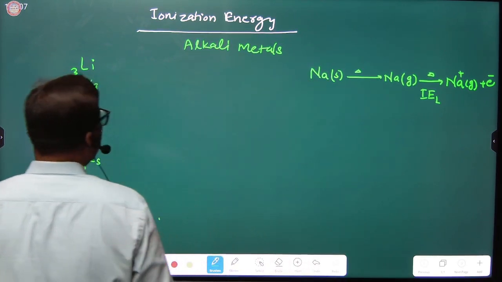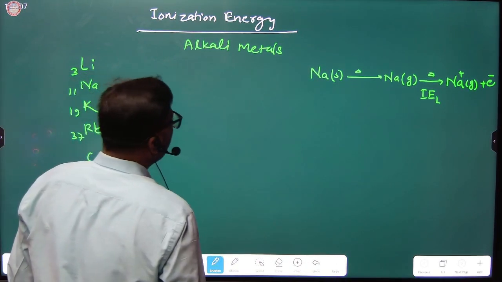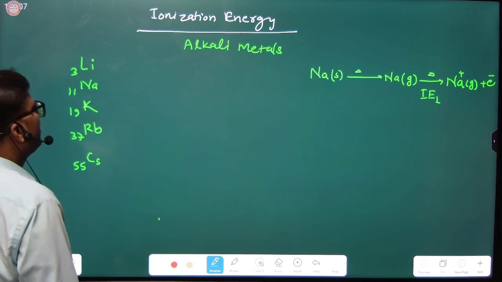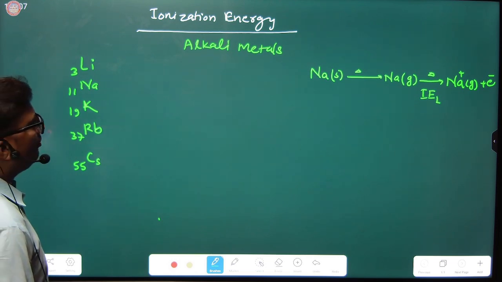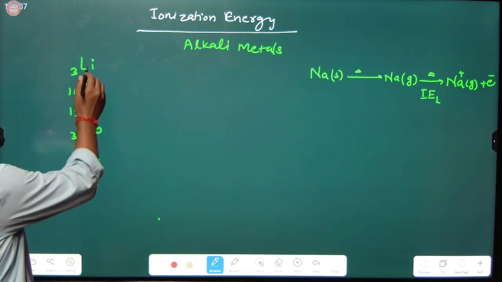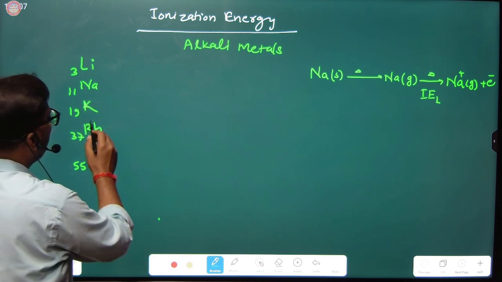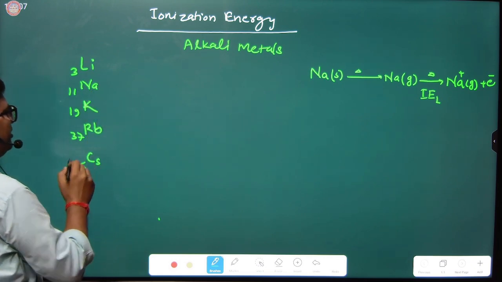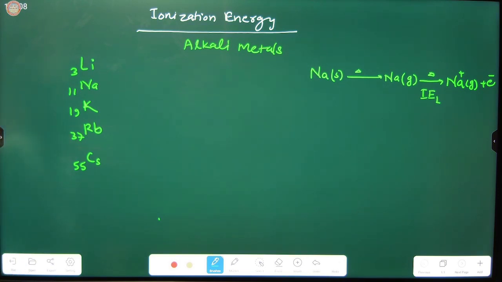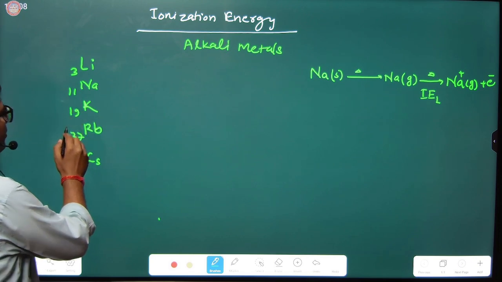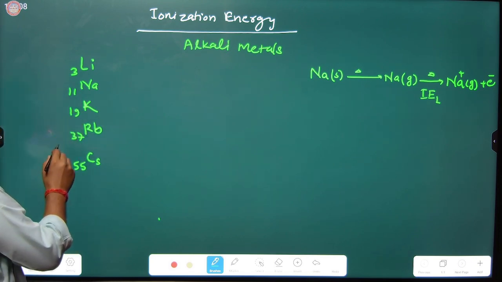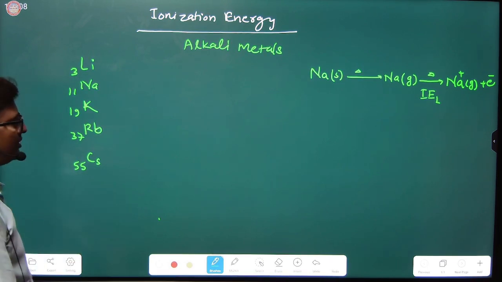Since we are talking about alkali metals, in the previous lectures we have studied the alkali metals lithium, sodium, potassium, rubidium and cesium. The atomic number of lithium is 3, sodium 11, potassium 19, rubidium 37 and cesium 55.